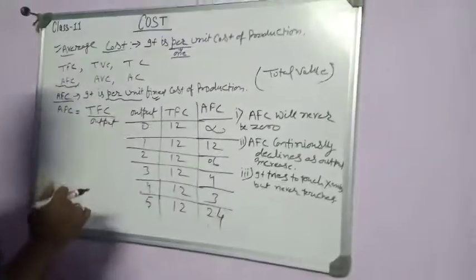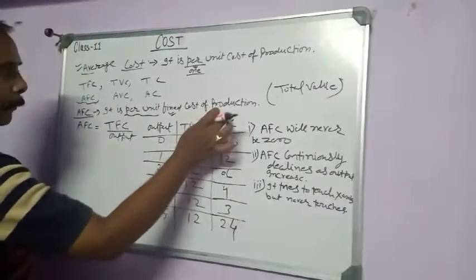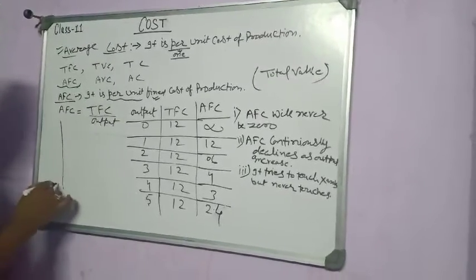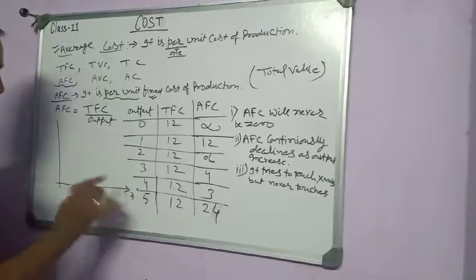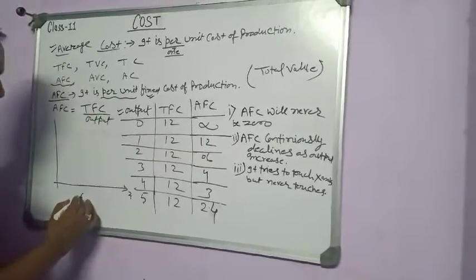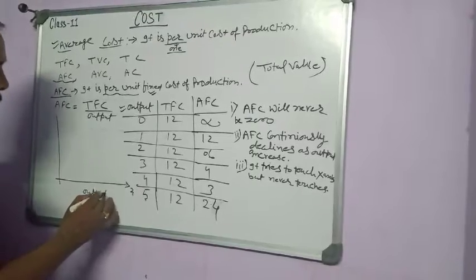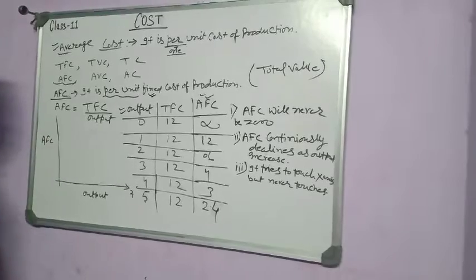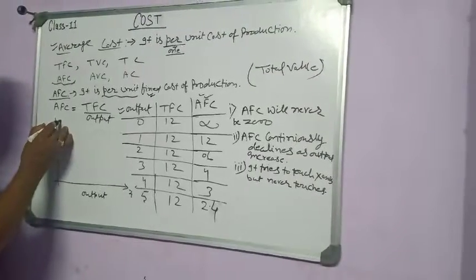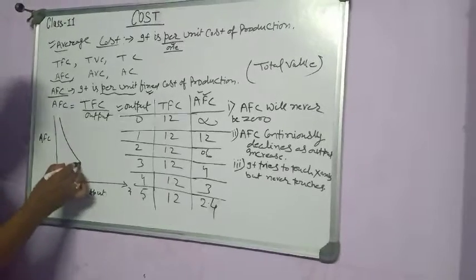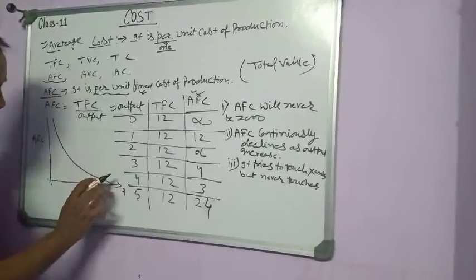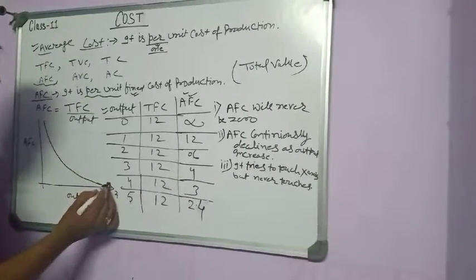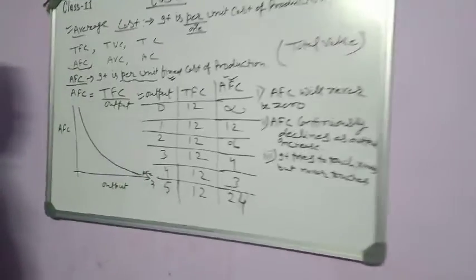Now come to the shape of the AFC. Okay, so that is the y-axis, this is our x-axis. X-axis always takes output and y-axis will take AFC, average fixed cost. So average fixed cost will always try to fall. AFC, clear?